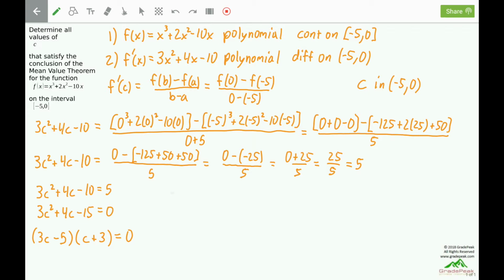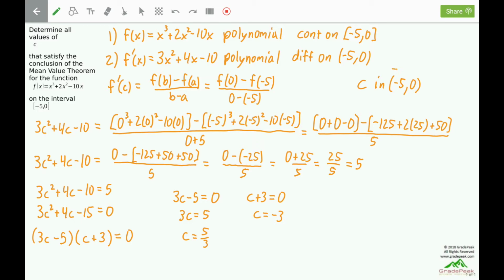Now that it's factored, the 3c minus 5 can equal 0, or the c plus 3 can equal 0. This one, if we add 5 to both sides, 3c equals 5, divide both sides by 3, c equals 5/3. This one, subtract 3 from both sides, and c equals negative 3.